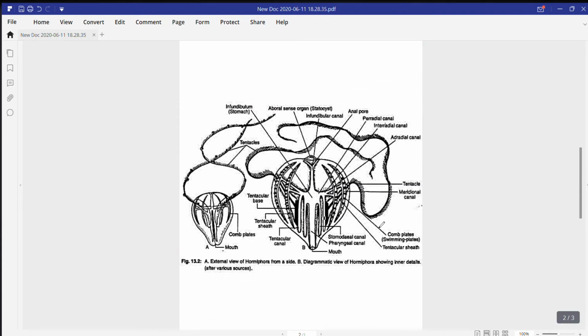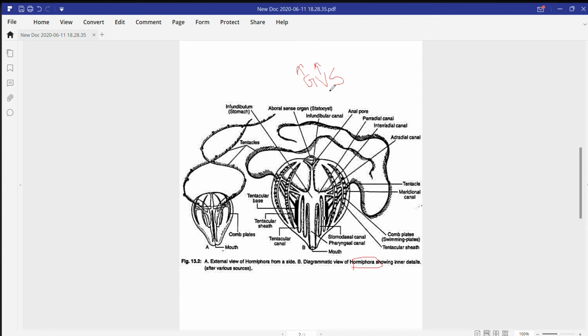Here is a diagrammatic view of Hormiphora. As we know, they have a gastrovascular cavity. Gastro relates to digestion and vascular relates to circulation, so the gastrovascular cavity functions in digestion and in the vascular system.